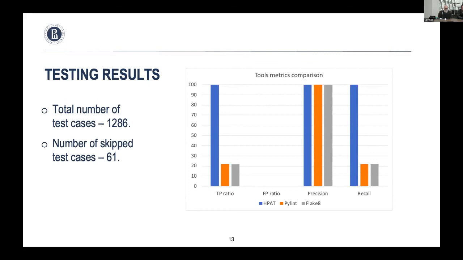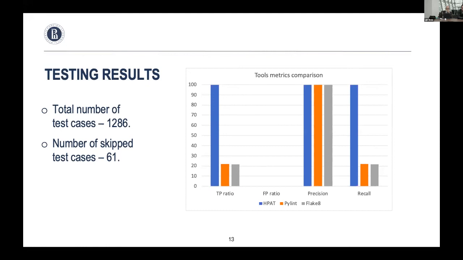First, as Damir said, the test suite was developed to satisfy a set of rules which SPAT has to detect. And Flake8 and PyLint support only a subset of these rules. That's why their statistics look not so good.